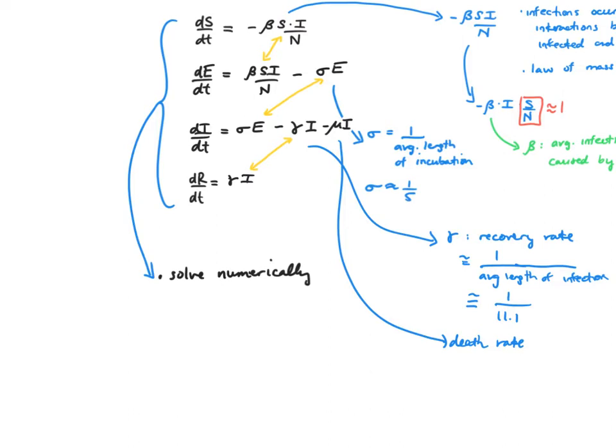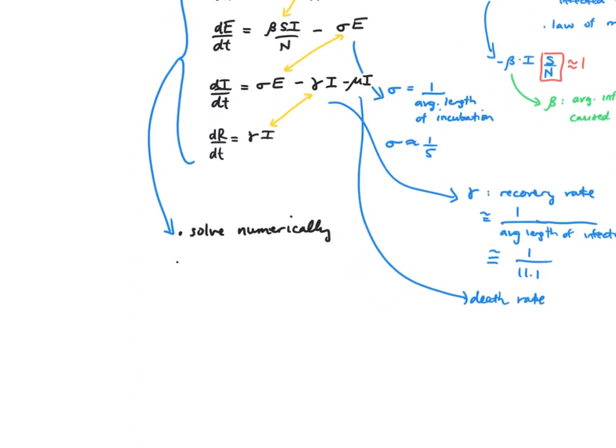In calculus, we learned Euler's method, and that's the one that I'm going to use and is very typical to use. When I solve this, I get an S of t, an E of t, an I of t, and an R of t, curves that describe the evolution through whatever time window I'm curious about, describes the evolution of these four populations.